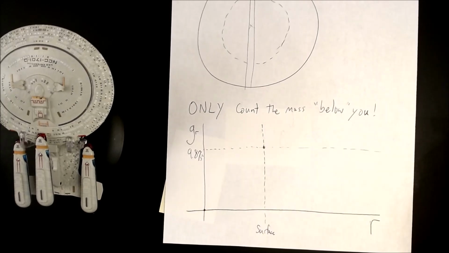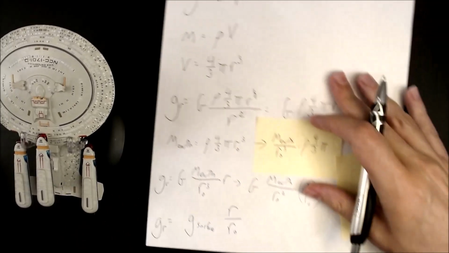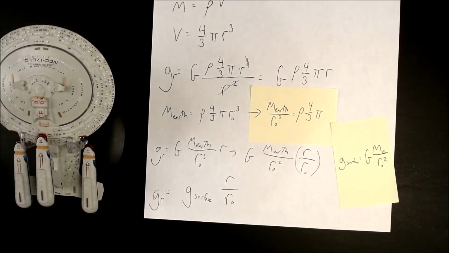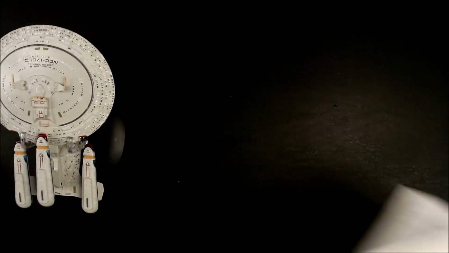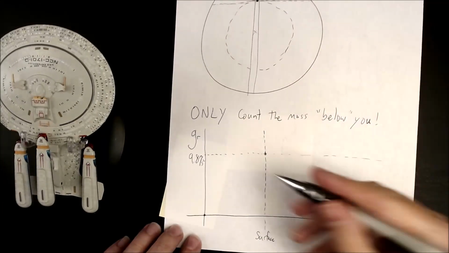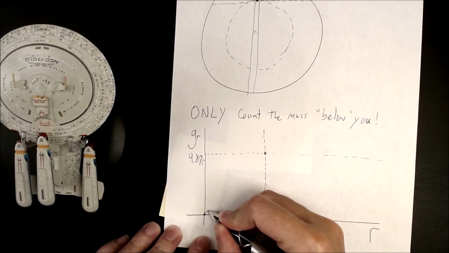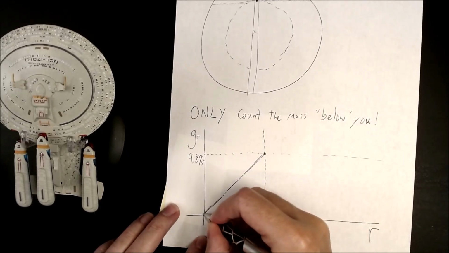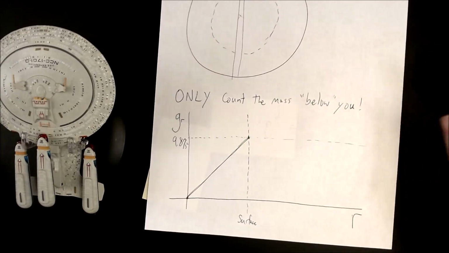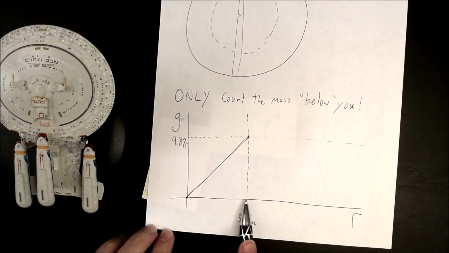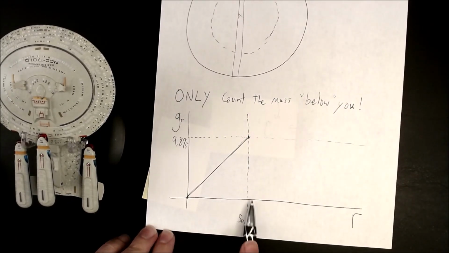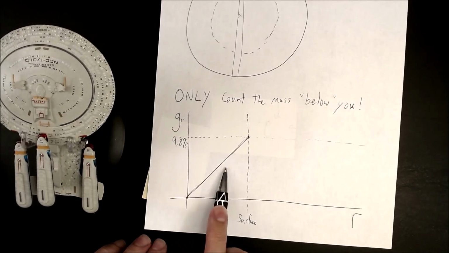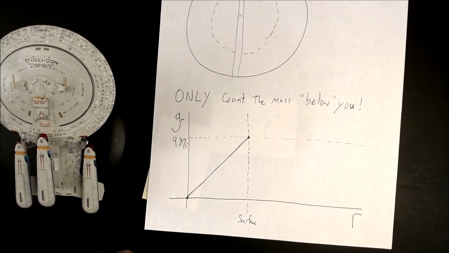And according to this, it is a linear relationship inside Earth. Therefore, the function of gravity should look about like this, a linear graph inside the Earth. So if you are halfway between the surface and the center of the Earth, then you should have half the normal gravity of the surface of the Earth.